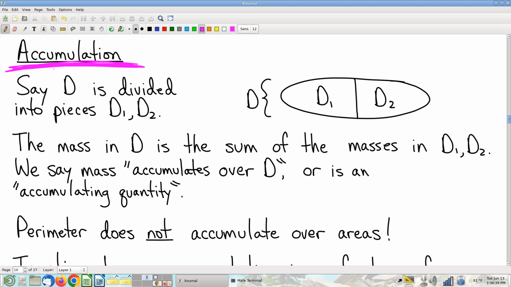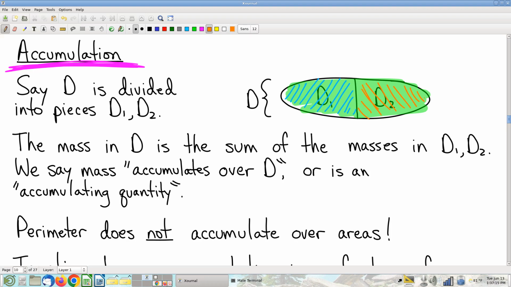And so, for example, mass, we say that mass is an accumulating quantity, or you can say mass accumulates over areas, or accumulates over the given area, because the total amount of mass is the sum of the mass on that piece and the mass on that piece, right?